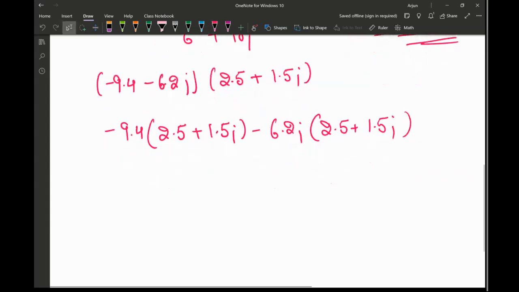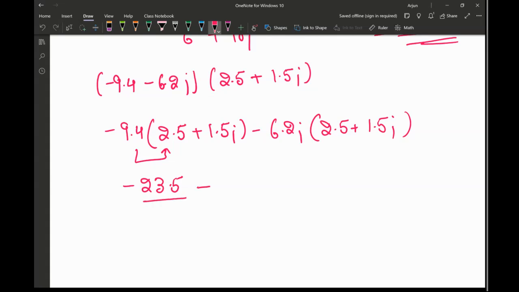And now if I multiply these two, I'm going to get a value of negative 23.5. Let me do it one more time on my phone also. So this value will be 9.4 multiplied by 2.5.